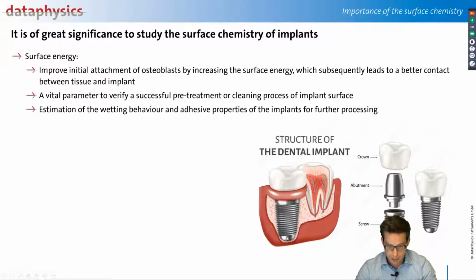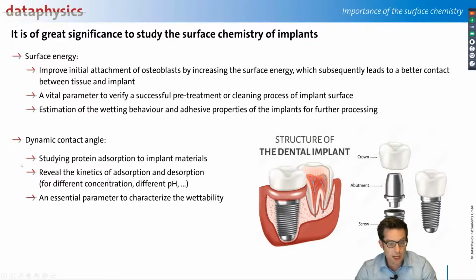We want to study the surface free energy on this implant, because higher surface free energy, better accepted typically. And it can also help us to estimate the wettability and the adhesive properties that we will get on the implant. Because also here, on this part here, you will do a gluing process. So also here, it's important that we are able to judge the surface free energy in order to find the right glue or make sure that the glue will stick nicely.